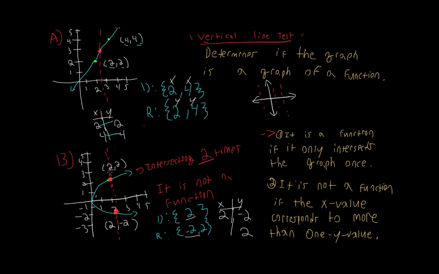So let's do the first one. 2 corresponds to 2, but 2 also corresponds to -2. So right here it says at number 2, it is not a function if the x value corresponds to more than one y value, and that's what it's doing right here. So therefore, it is not a function, and also because it's intersecting 2 times. And there you go. That is the vertical line test.